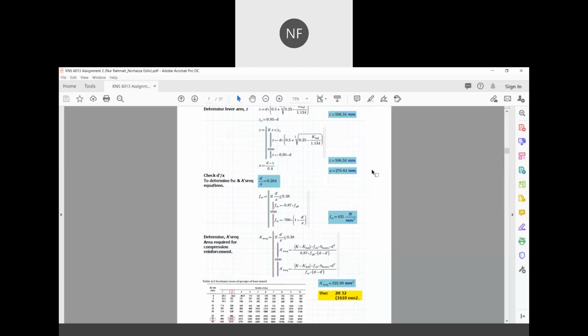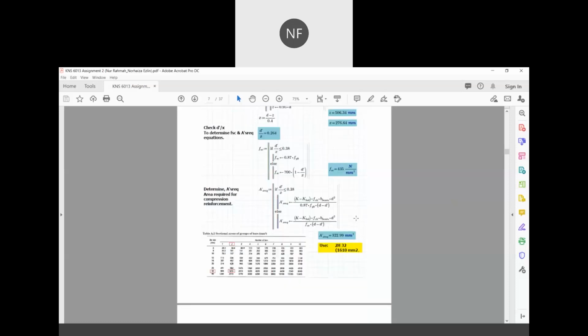And we are using the x value to determine which formula we are going to use for the area required for compression reinforcement. d prime divided by x is equal to 0.264, and since it is less than 0.38, we are using the above calculation to determine the area required for compression reinforcement. So the required area is equal to 322.99 millimeter square.